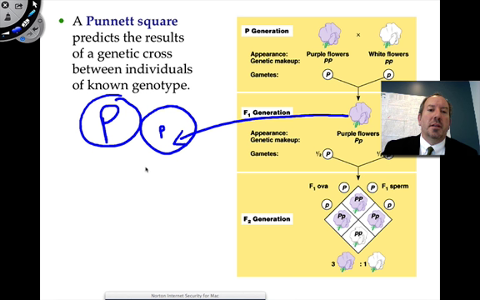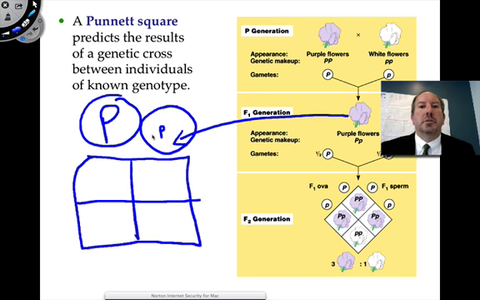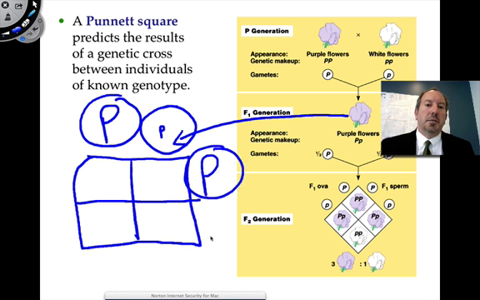If you cross it, to show the possibilities, you can make a box like this. At the head or the top of each column are the gametes. So this is the pollen purple, this is the pollen white, and then if you cross it with another hybrid purple, you can do purple over here, and little p is white.